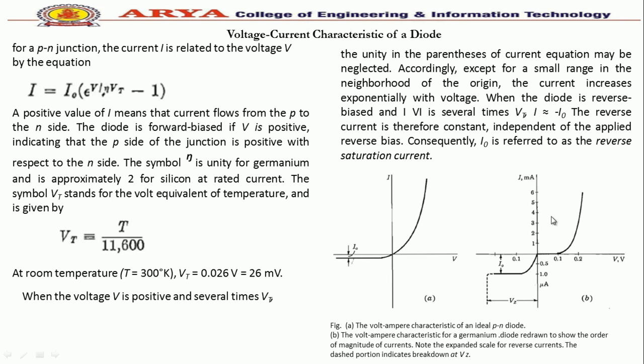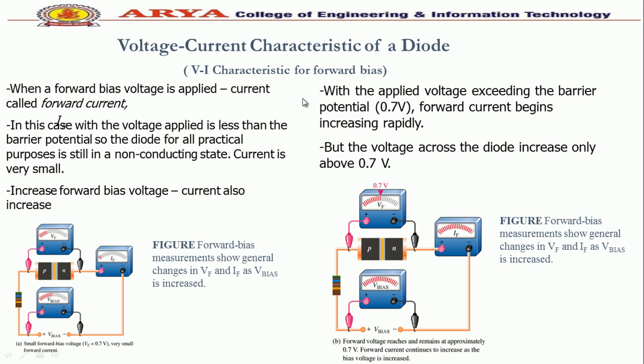We can note here that for the expanded scale of reverse current, the dashed portion of this graph indicates breakdown at Vz. So this is Vz of a particular germanium diode. We can see that for the ideal diode, I0 is very low, and for the germanium diode, I0 is quite high compared to the ideal diode.